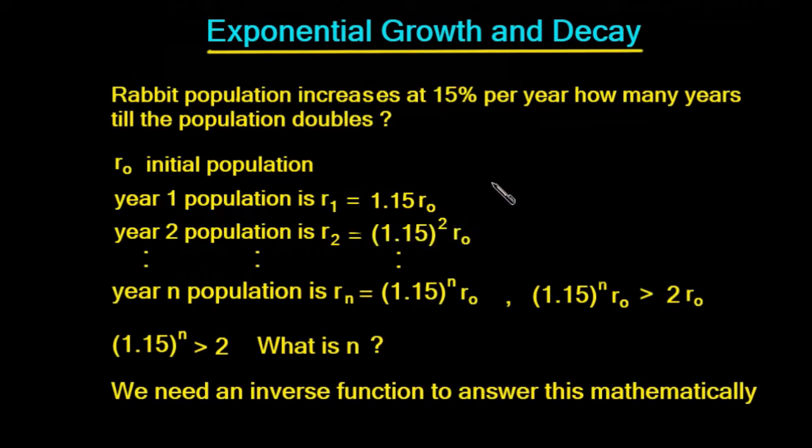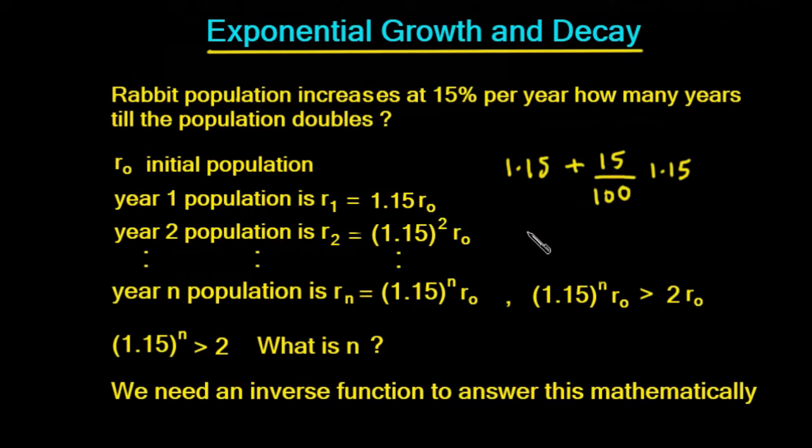If we say that the population is 1.15 now, and it's going to increase at 15%, so it's 15 upon 100 times the population now, 1.15.